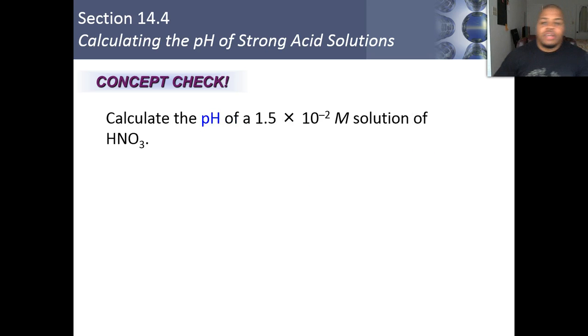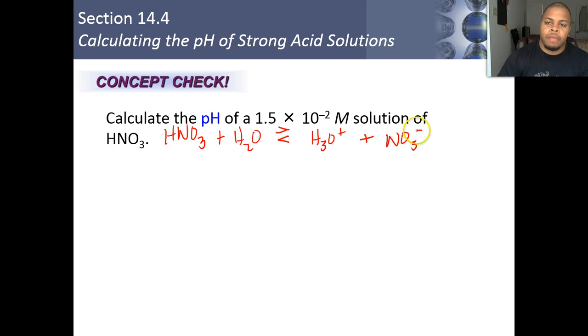Now, calculate the pH of 1.5 times 10 to the negative 2 of our nitric acid. Well, again, the question is, what are the major species we have? So if we have this reaction, we have HNO3 plus H2O going to form H3O+ and NO3−.